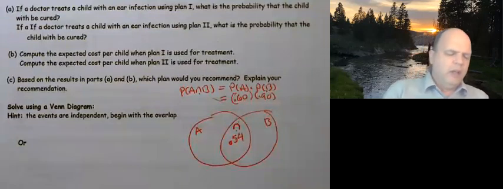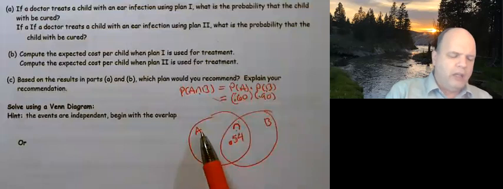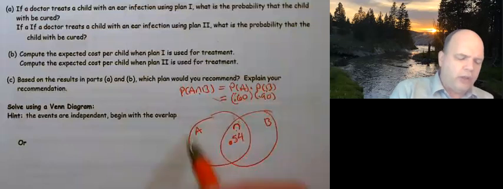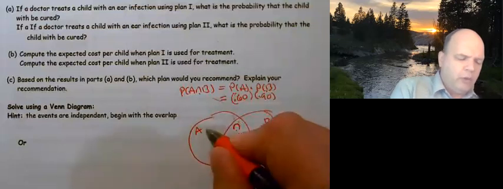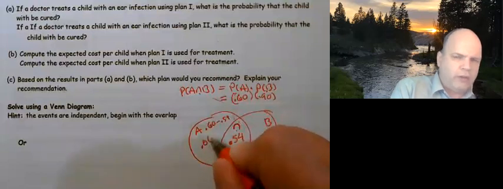All right. Now, when I look at drug A, it has a 60% success rate. So what's in this circle needs to sum up to 60%. So 0.60 minus 0.54 means we have 0.06.